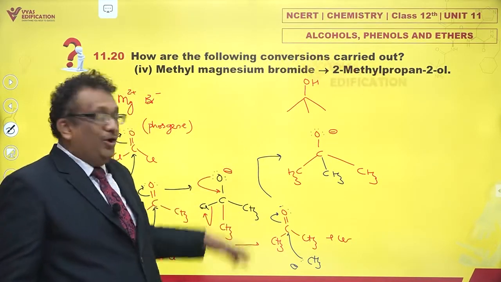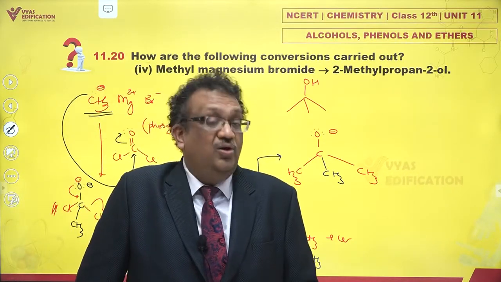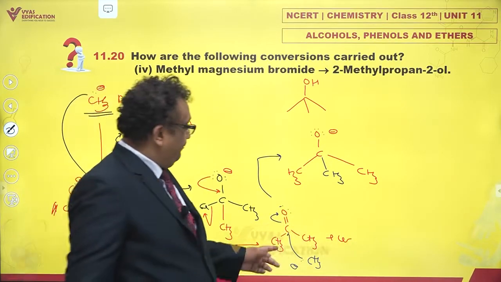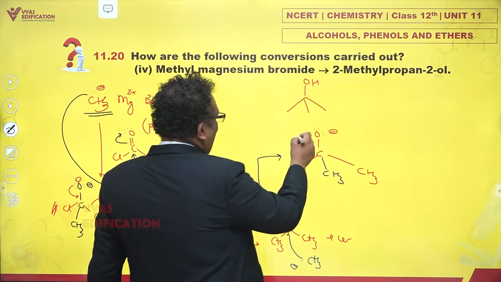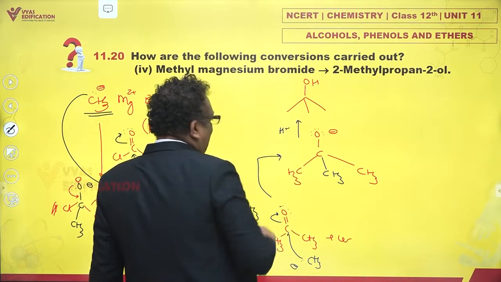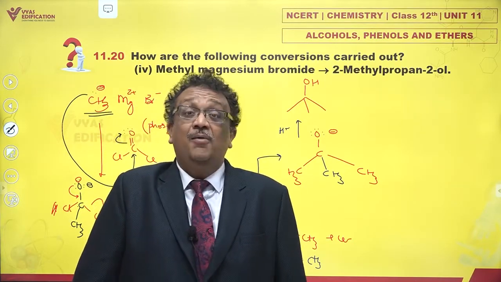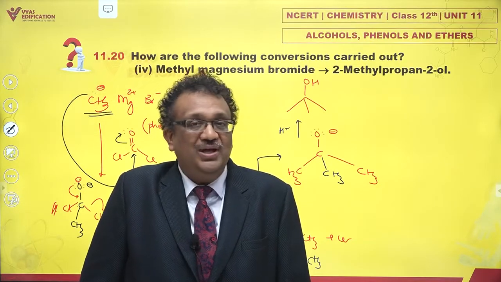This time there is no going back because methyl groups are very difficult to push out. Chloride was a good leaving group. It could have been pushed out, not CH3 minus. It is there to stay. It stays and just acidify that. Good enough? Yes, good enough. And you get tertiary butyl alcohol, a more fundamental and a more beautiful way to get tertiary butyl alcohol.